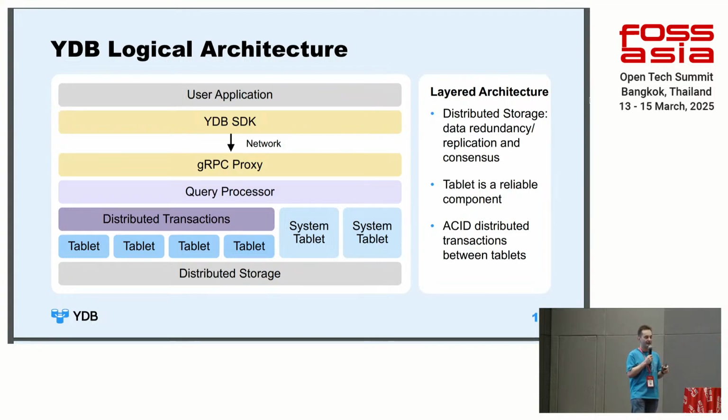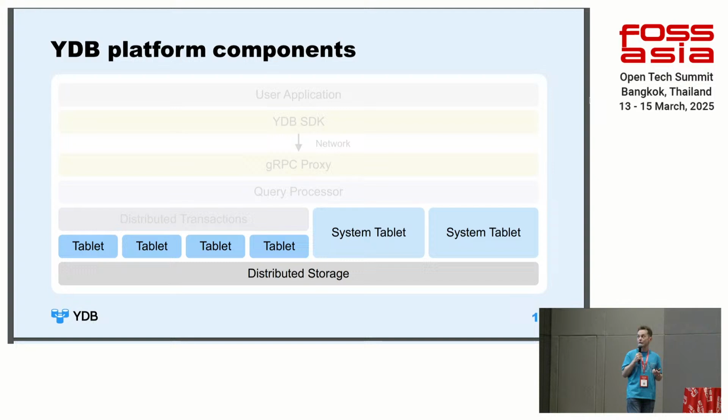Each tablet contains actually the user's data, and we have distributed transactions over these tablets. And above, we have, of course, query processing, because we have SQL, and the gRPC layer, and users interact with YDB using our SDK through the network. Today, we are focusing on platform components, distributed storage, and tablets.